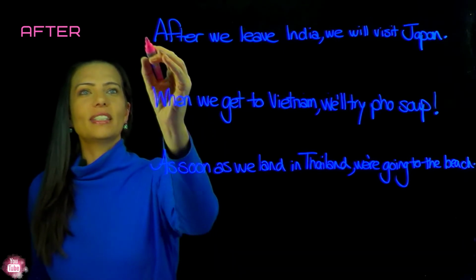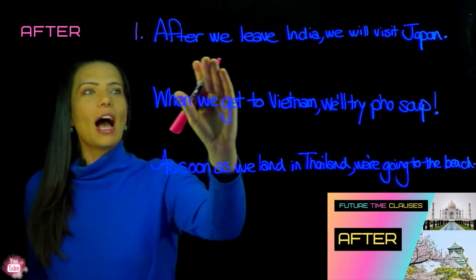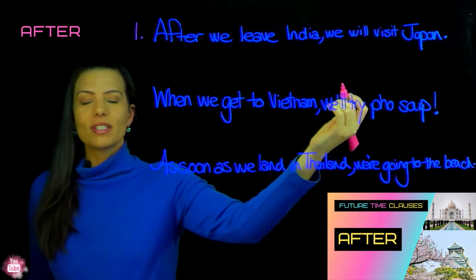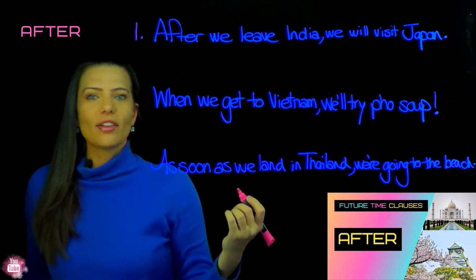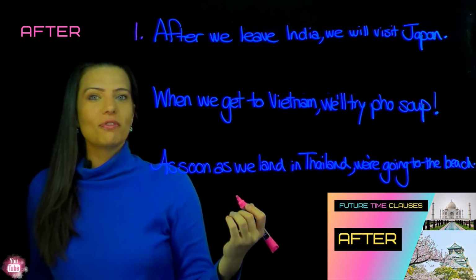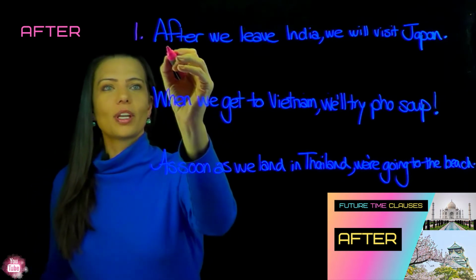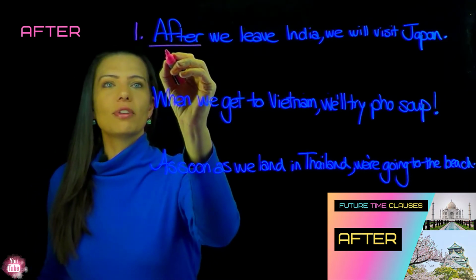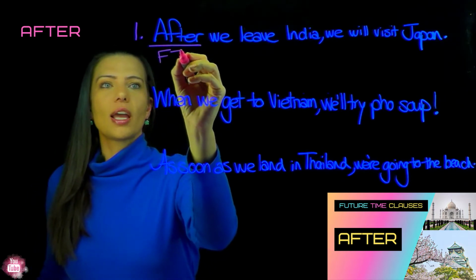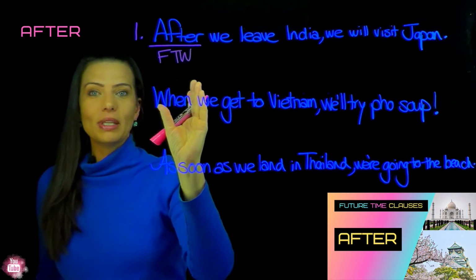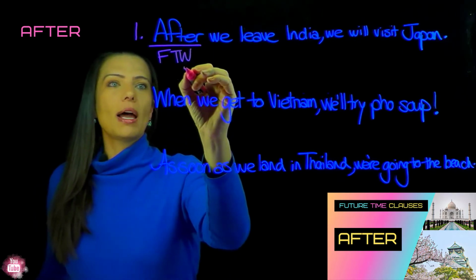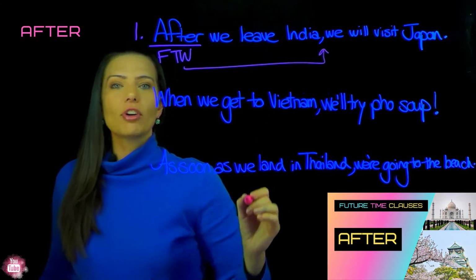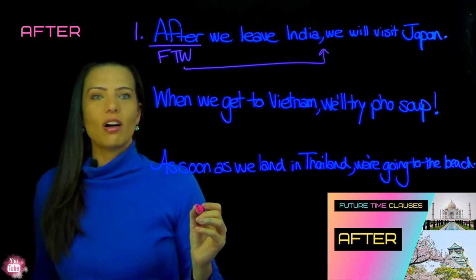So in the first example, number 1, after we leave India, we will visit Japan. Let's take a look at the grammatical structure of this sentence and break it down. First of all, we have the future time word in the beginning position. Automatically, that means that we're going to have a comma here after the first clause.